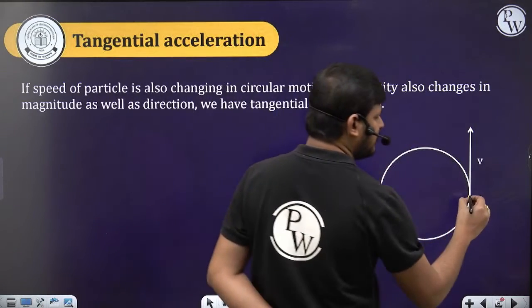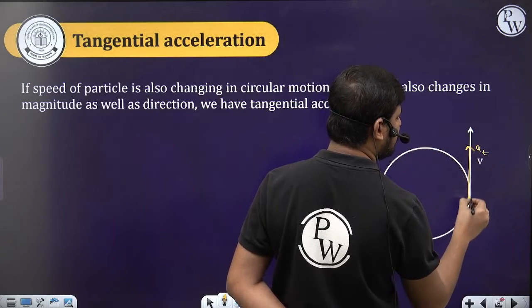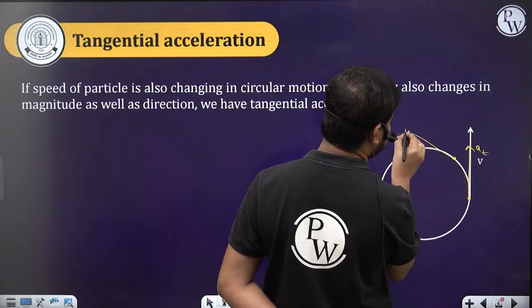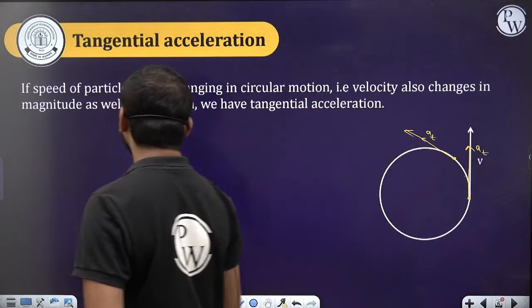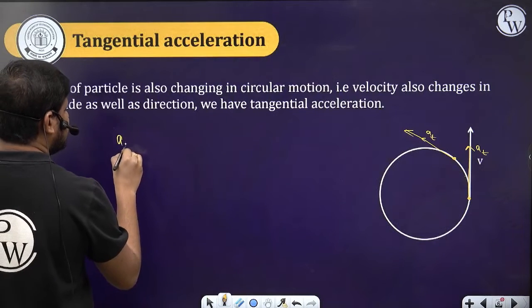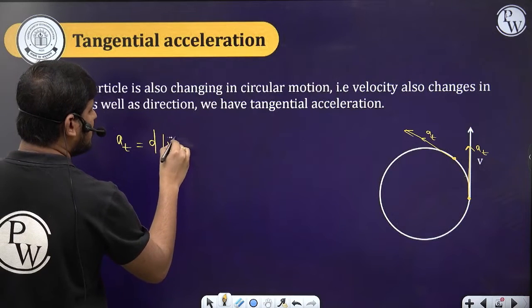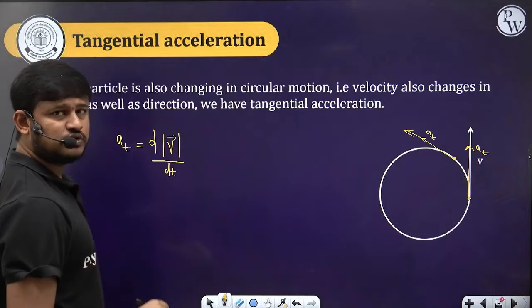So the tangential acceleration will act along the tangent. If the particle is here, the tangential acceleration will be this side. If the particle moves to this point, the tangential acceleration AT will be this side. The tangential acceleration is due to the change in magnitude of velocity.